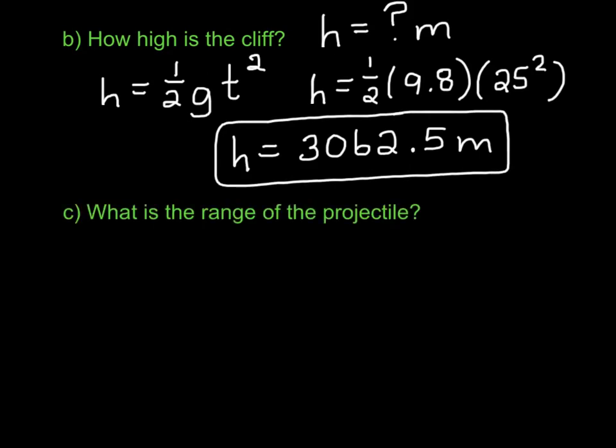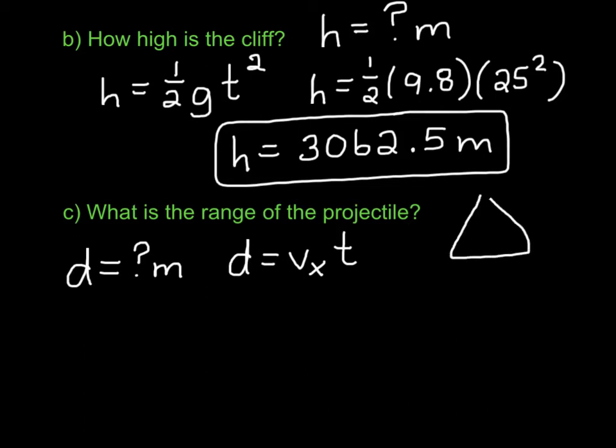Part C says, what is the range of the projectile? Remember that range is the same as finding horizontal distance. So for this part of the example, we will need to solve for d. And this will still come out in meters. The equation that we had to solve for distance is distance equals the velocity in the x direction times time. You could also use your algebra triangle for this.